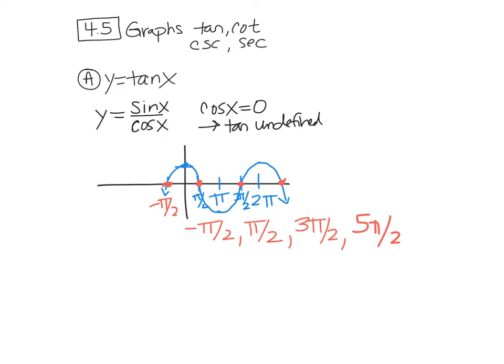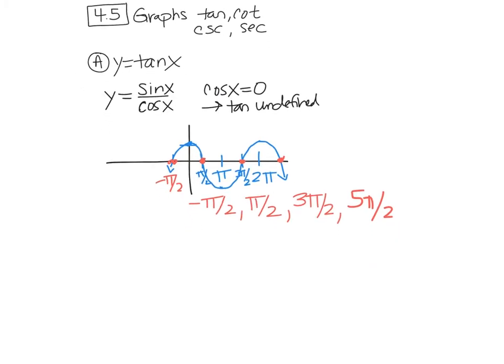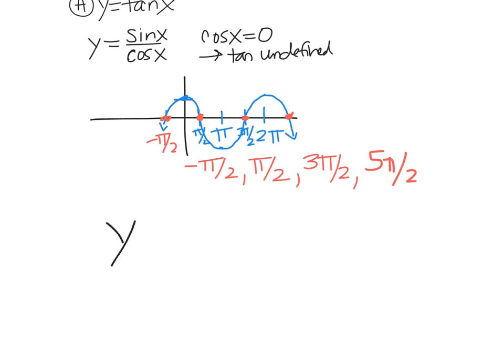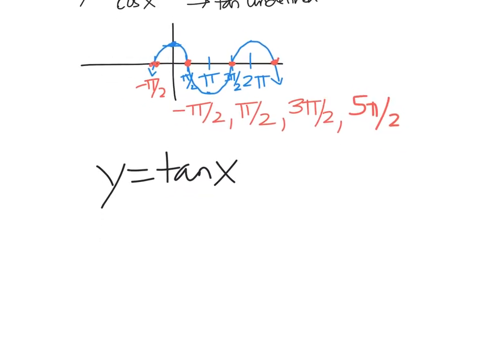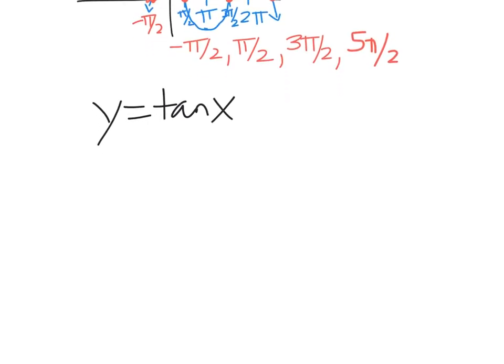So tangent would be undefined there. All right, so what's going to happen is you're going to get asymptotes. So let's go ahead and graph y equals tangent x. I'll just show you the parent graph of it, and then we'll do a bunch of stuff by shifting it, reflecting it, doing all the things. Okay, here we go.